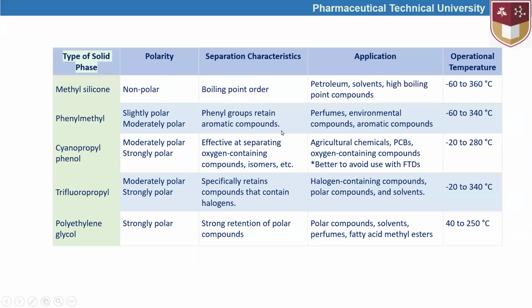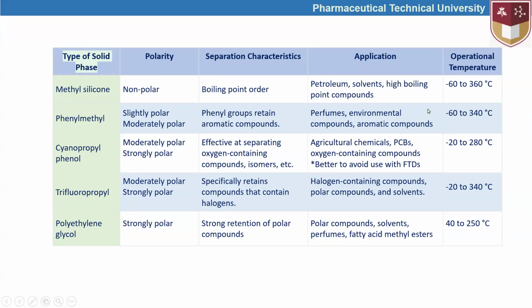And here we can see the linkage between type of solid phase and temperature, application, separation characteristics, and others. Methyl silicon is a compound with a non-polar nature, and its boiling point differs from others.